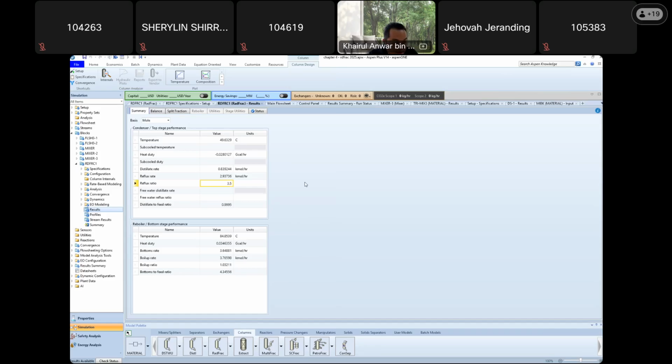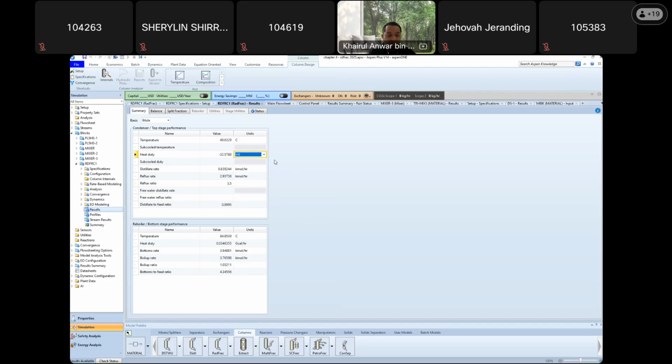You can also see the required condenser cooling duty, which is equal to negative 33 kilowatt.